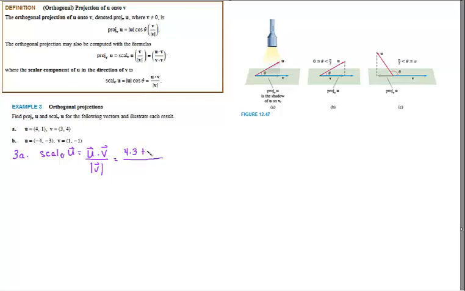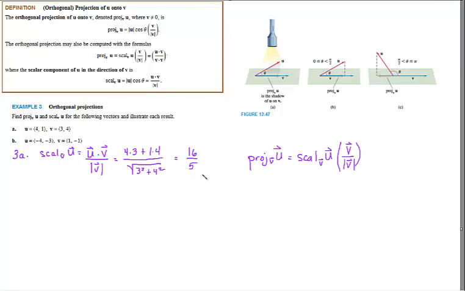Add to that 1 times 4, the two components that are in the j direction. And then I'm going to divide it by the magnitude of my vector v, so that would be 3 squared plus 4 squared, and I'm going to compute that for you.